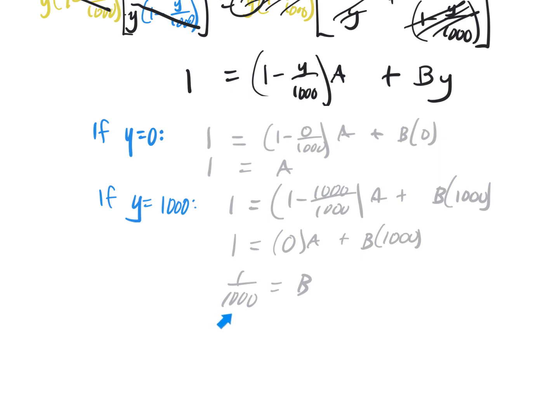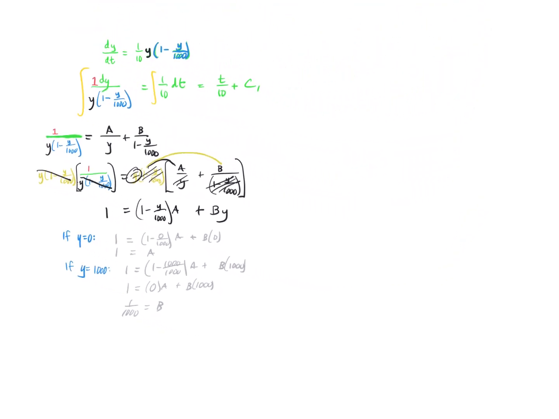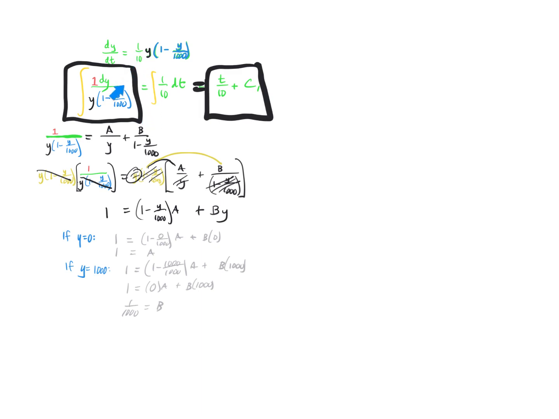So we're ready to finish the integral step. We are currently here in solving this diff-EQ. This side was equal to this side, which was 1/10 t plus c. And now we're going to rewrite the left side.